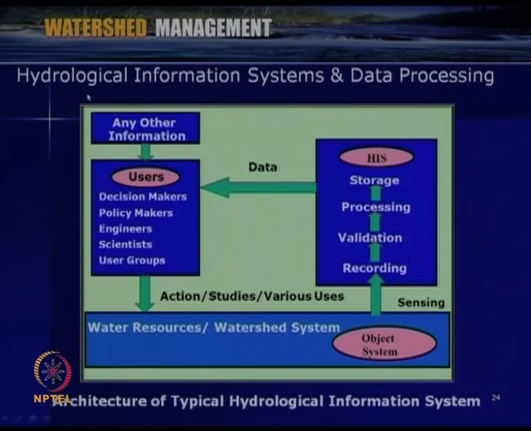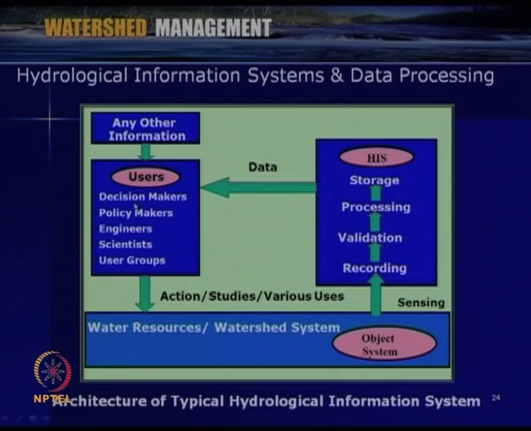So, especially typically when we consider hydrological information system and data processing, where a water resource or watershed system is concerned, we can set the objectives, and then we can have the various data from the various agencies. Then we can record it, validate it, process it, and store it.